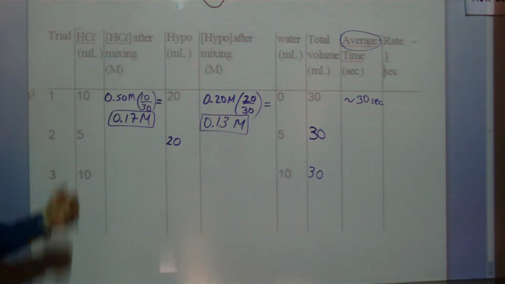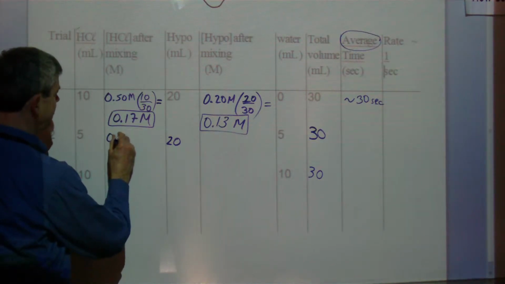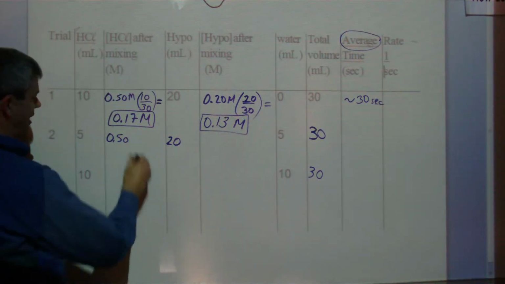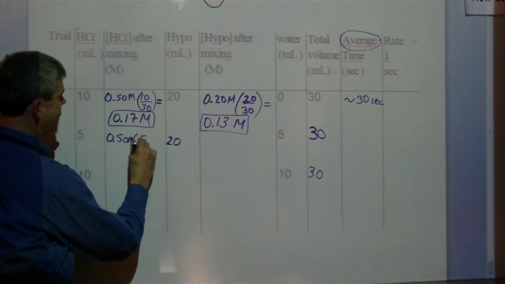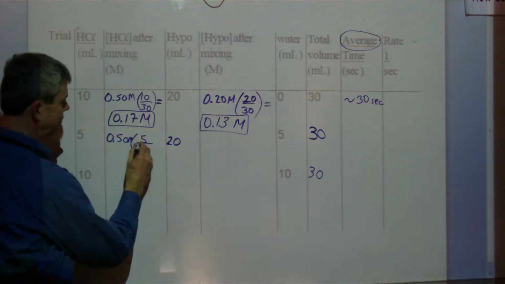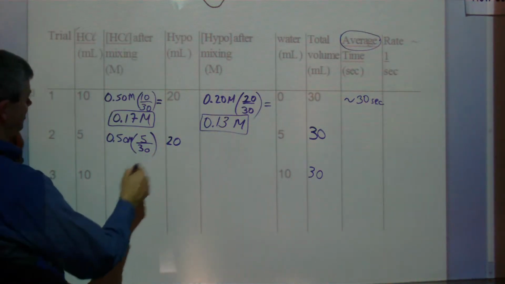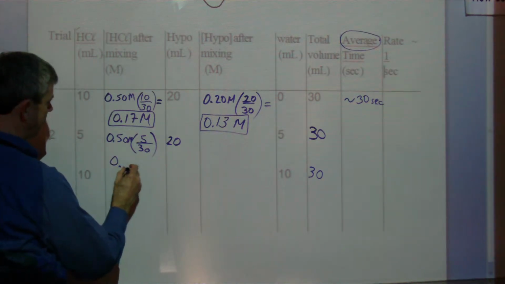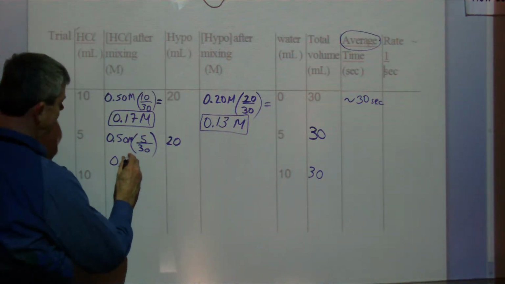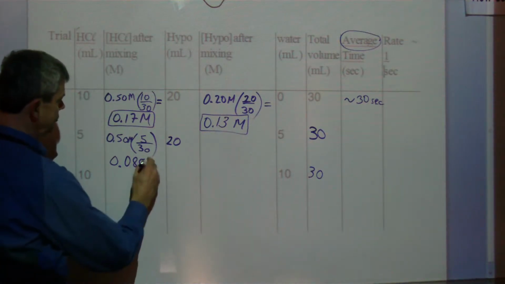So not surprisingly, the concentration of HCl will be 0.5 molar times 5 milliliters, that's what we used, diluted to a total volume of 30, 5/30ths. That is half of this concentration, which will be approximately 0.085 molar.